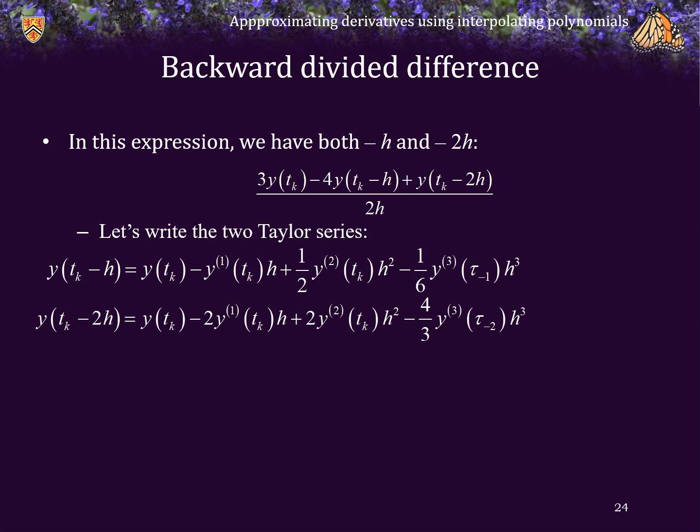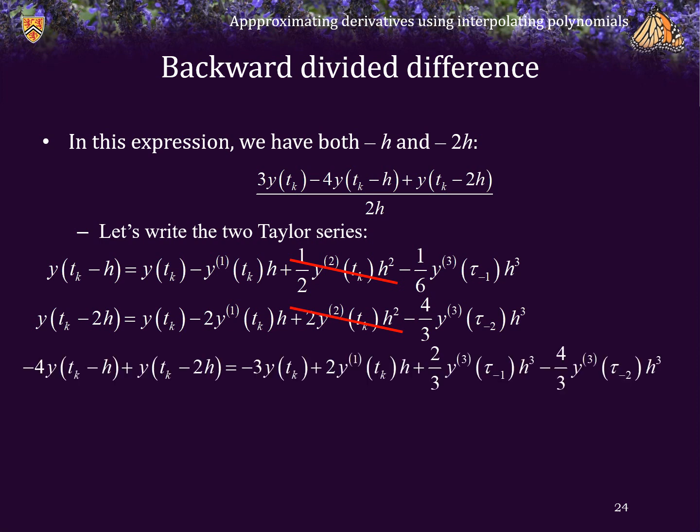Negative 4 times the second derivative in the first equation plus the second one, well, those two actually cancel out. And then we add the two error terms. Notice that the first tau is between t sub k minus h and t sub k, whereas the second tau could be anywhere between t sub k minus 2h and t sub k. All right, so that's what we have.